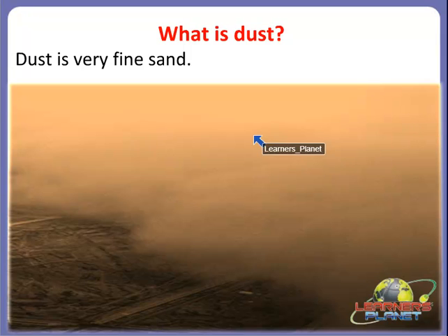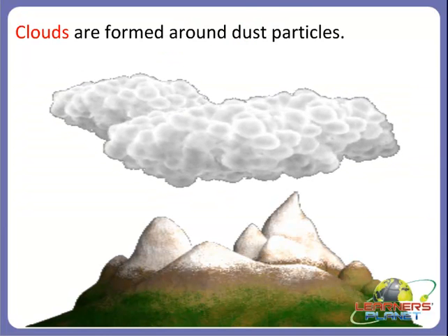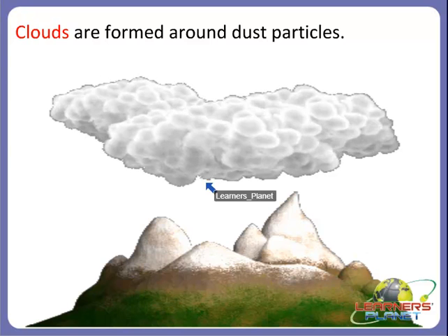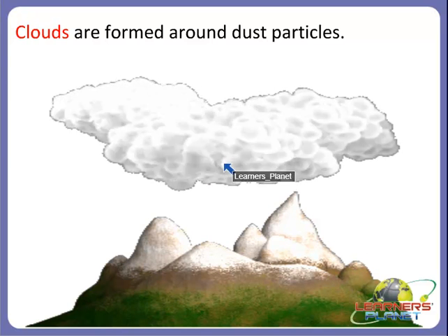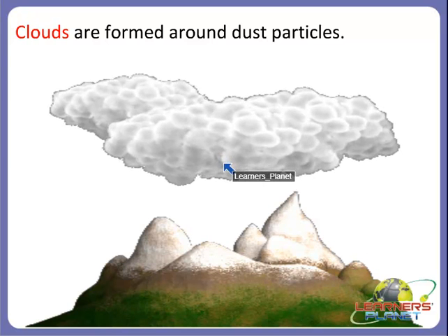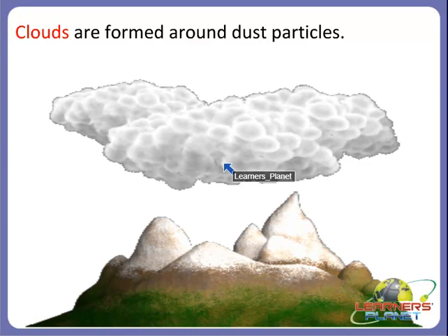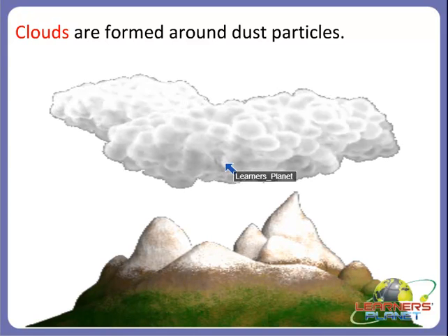So children, dust is also very helpful to us. Now you will think about how dust is useful to us. Let's see. Children, clouds are formed around dust particles, right? So there would be no rain if there is no dust, right?